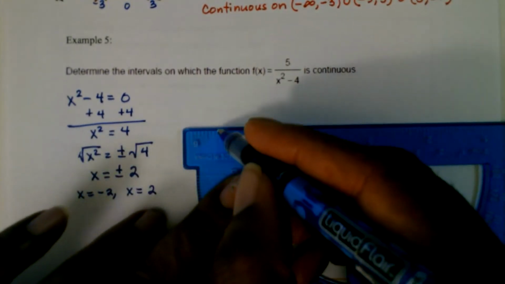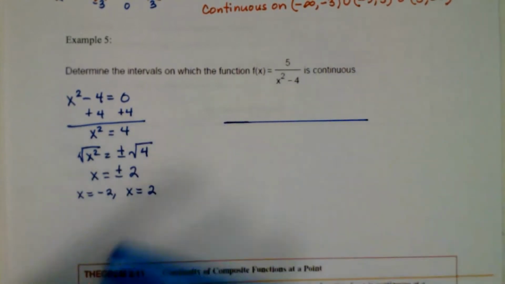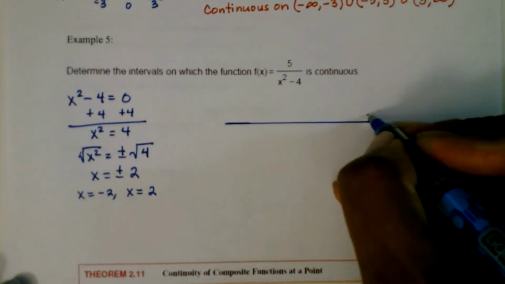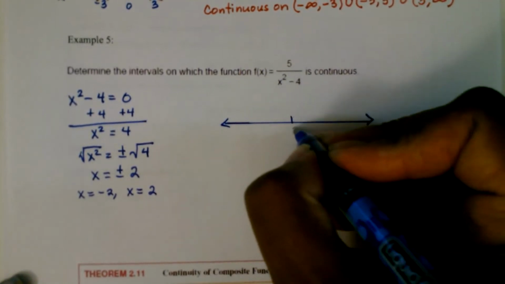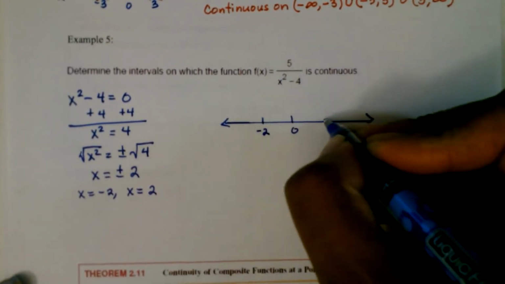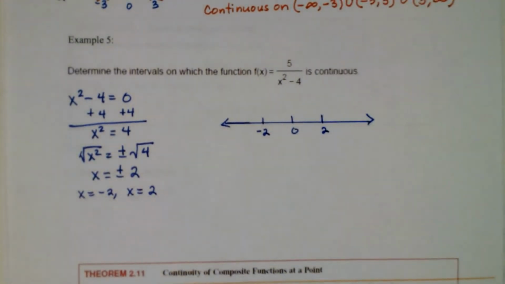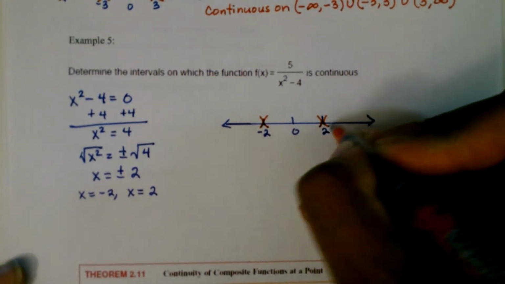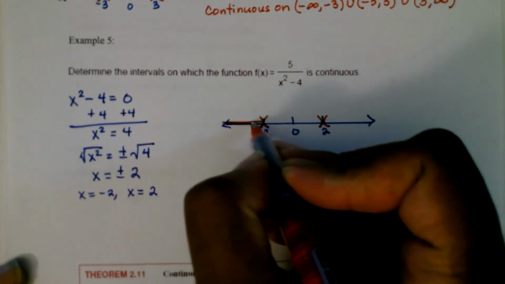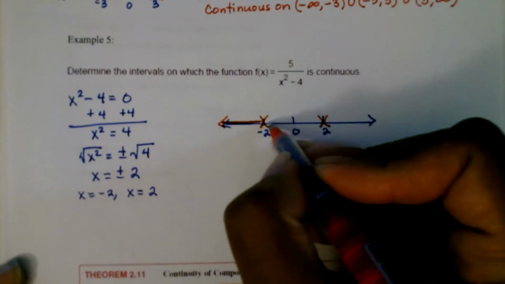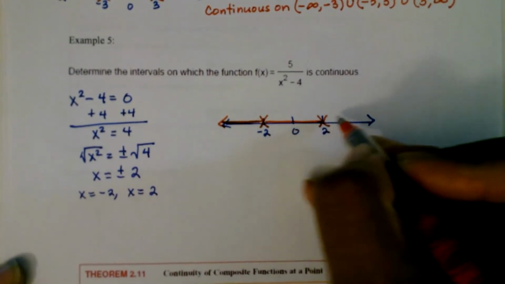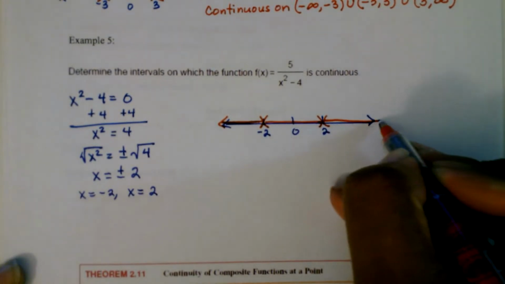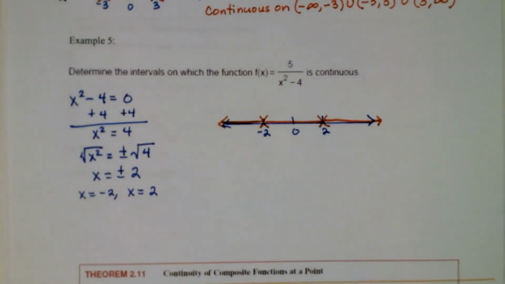Let me draw the number line over here. In this case, negative 2 is here and positive 2 is here. So we know at negative 2 and at 2, we're going to have zeros in the denominator. So I'm going to use parentheses around those. And any x value less than negative 2 would work. Any x value between negative 2 and 2 would work, and any x value greater than 2 would work.